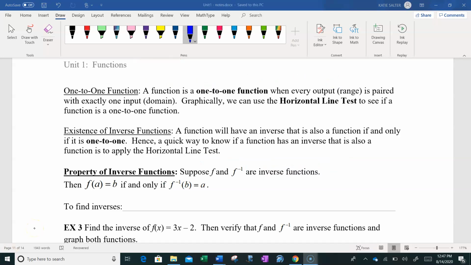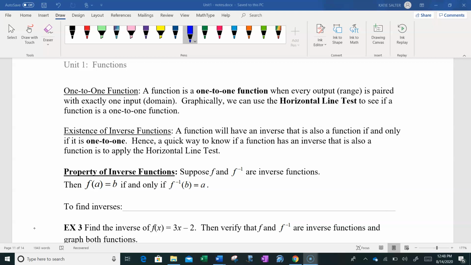So in order to know if a function has an inverse that is also a function, the original function has to be what we call one-to-one. What that means is each x value is paired with exactly one y value, but also each y value is paired with exactly one x value. Graphically, we can tell if the original function is one-to-one if it also passes a horizontal line test.